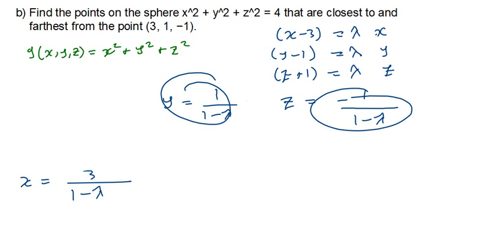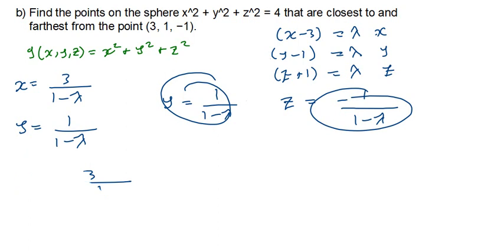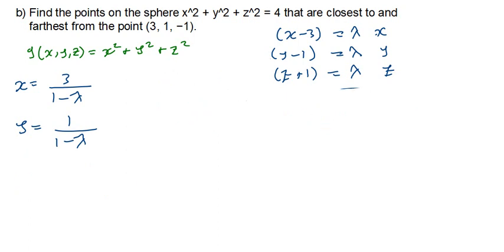So we are saying our x is equal to 3 over 1 minus lambda, then our y is equal to 1 over 1 minus lambda. Then what about our z? We have determined that z is equal to minus 1 over 1 minus lambda.